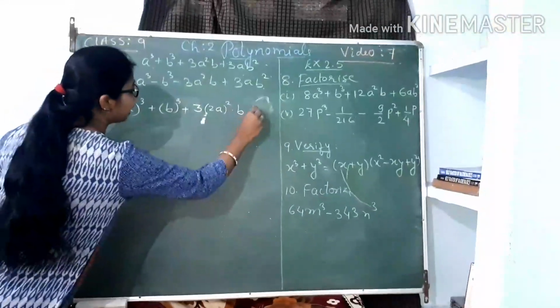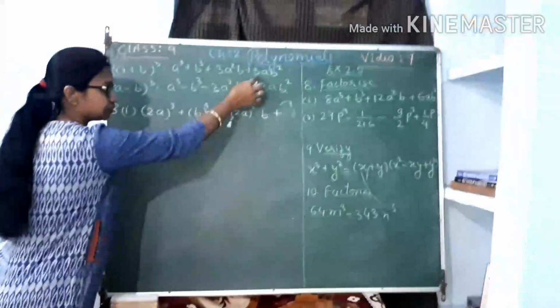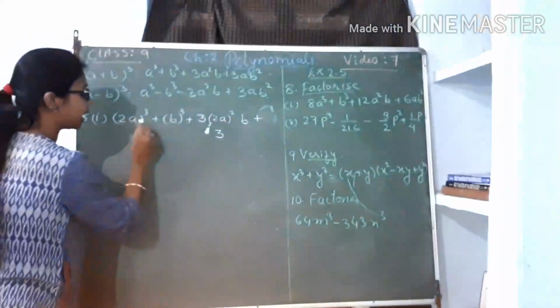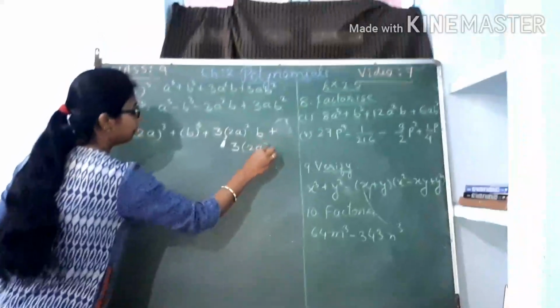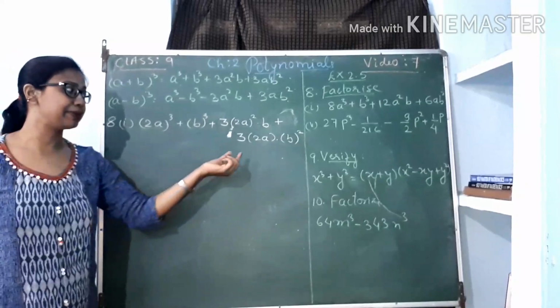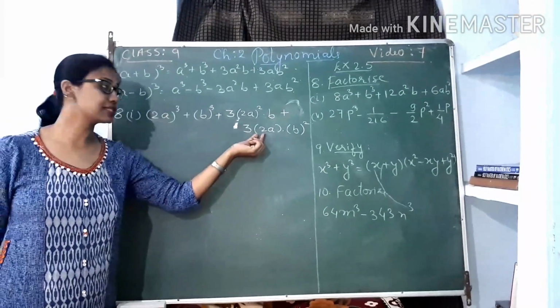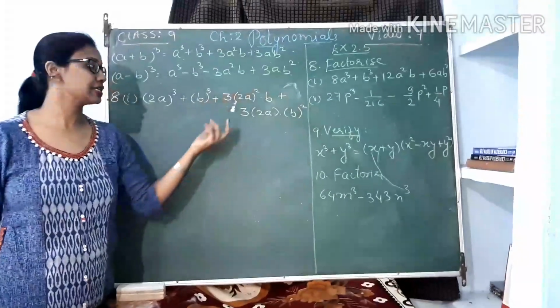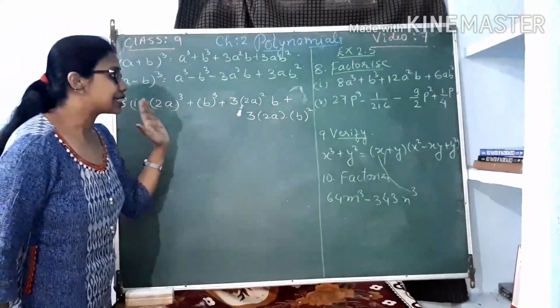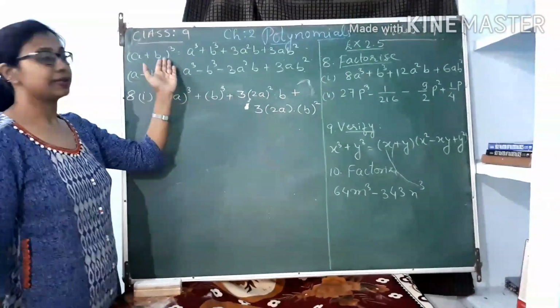In the same way, the last term is in the form of 3ab square. 3 times a, which is your 2a, and b square. Now check, are you getting 6ab square? 3 into 2 is 6, a into b square. Yes, it is 6ab square. So now it is exactly in the form of (a plus b) whole cube.